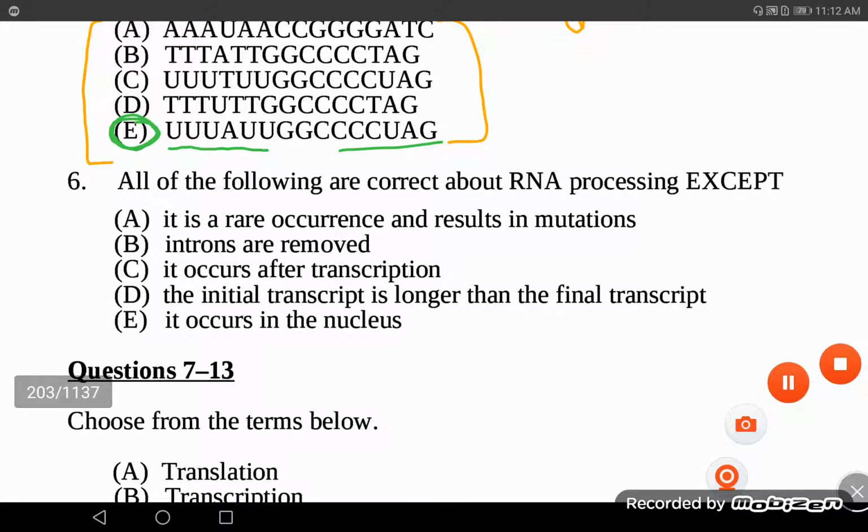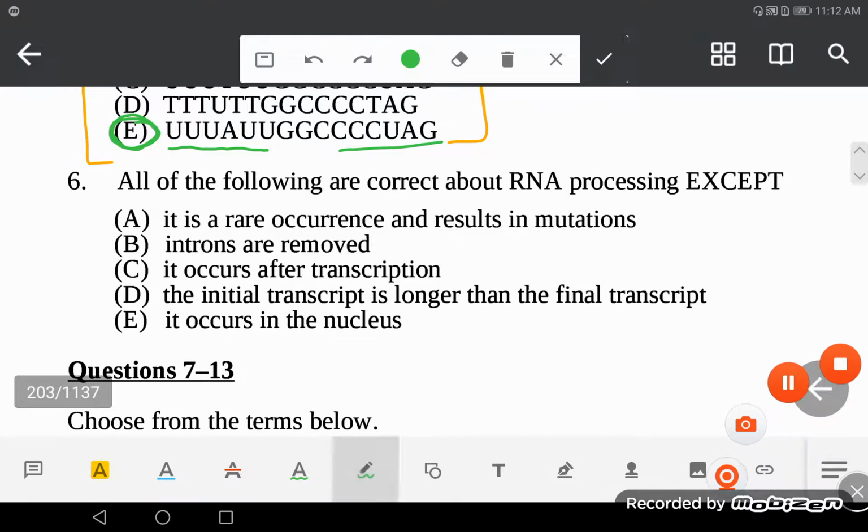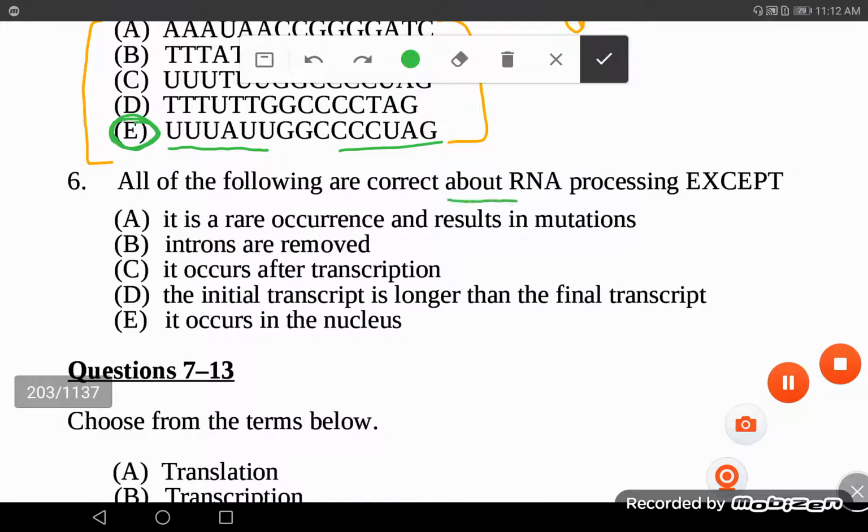So in the sixth question, it says all of the following are correct about RNA processing, except it's a rare occurrence and results in mutation. Introns are removed. Yes, during RNA processing, introns, which are usually non-coding parts, will be removed because they are not required. It occurs after transcription.